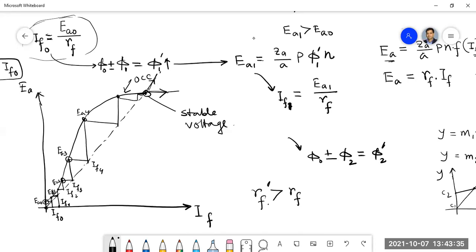Because I have a rheostat in series with the field circuit. So I can increase the field resistance by that rheostat. So if I increase the field resistance by that rheostat, that means the net field resistance RF will increase. Now what will happen in this particular curve if RF is increased?